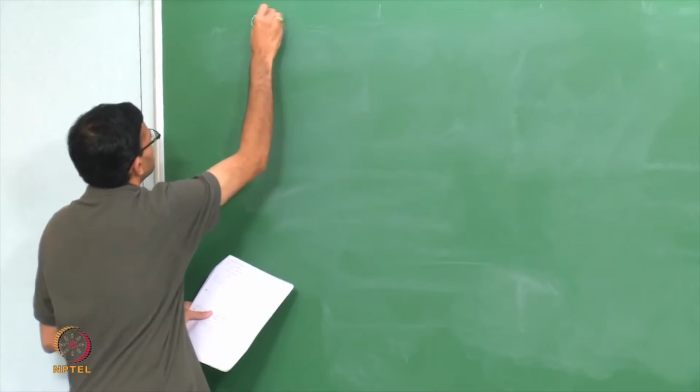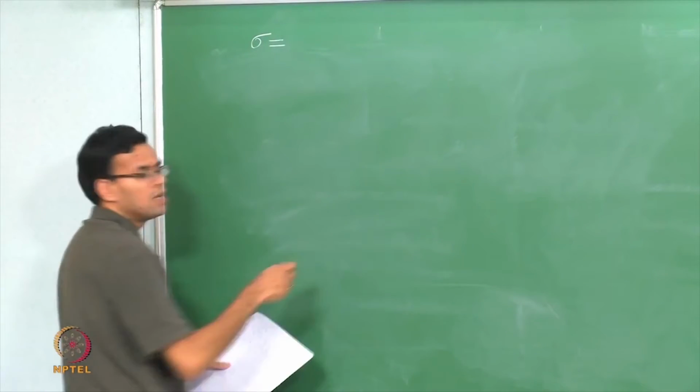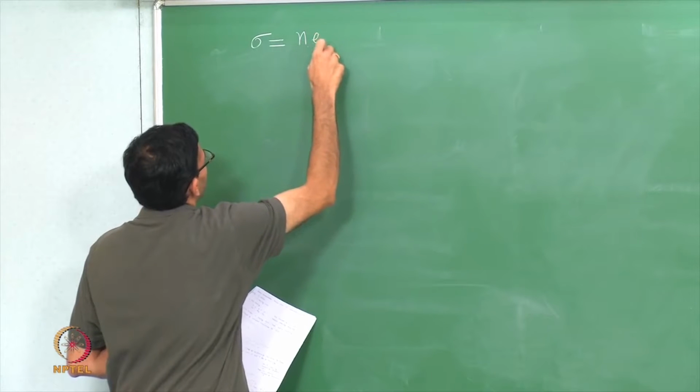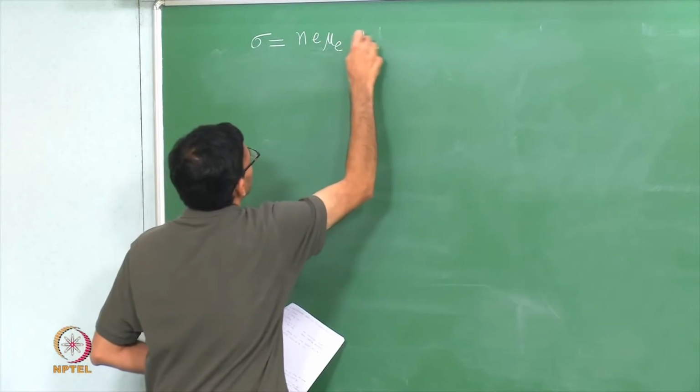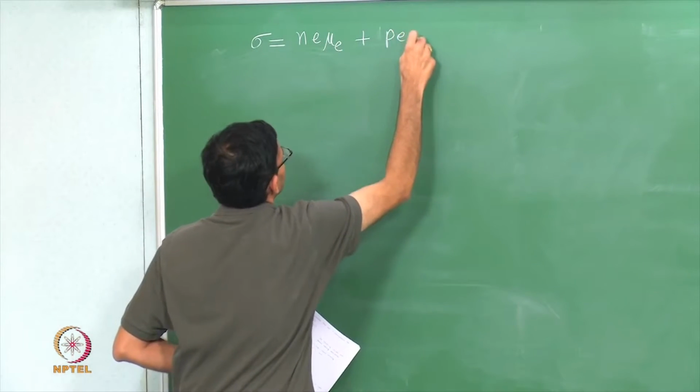Again, let me rewrite the equation for the conductivity. Sigma is Ne mu E plus Pe mu H.